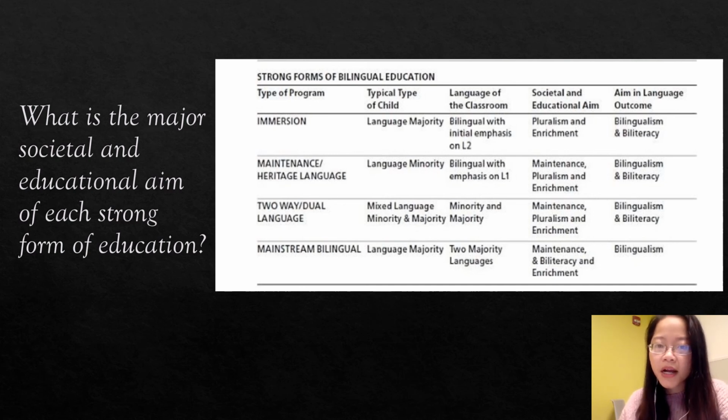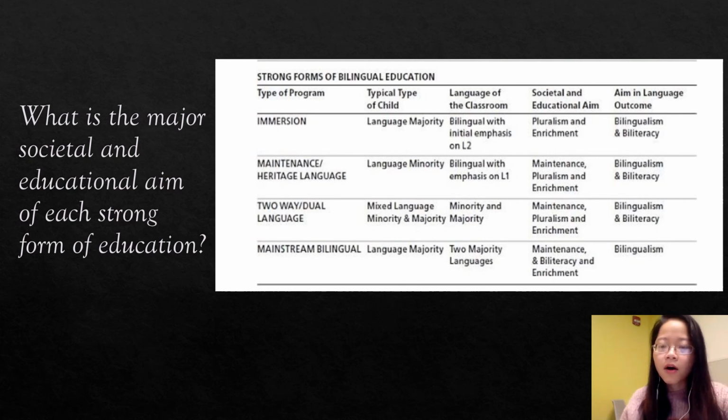Immersion bilingual education has been implemented widely for many years in Canada and adopted by schools in other countries, including the United States. So in immersion bilingual education, the regular curriculum is taught to some extent in the primary language of the student and can be taught as content-based language teaching.